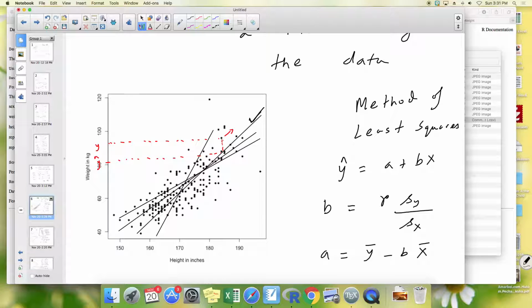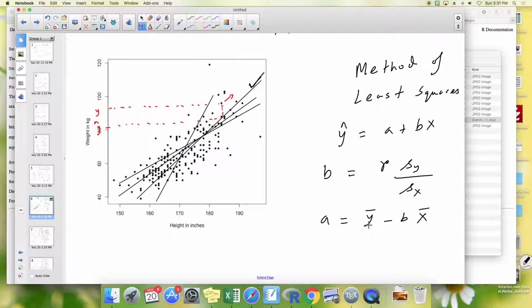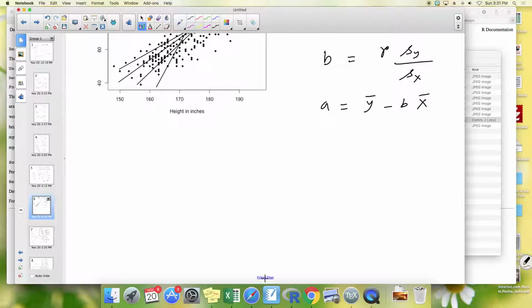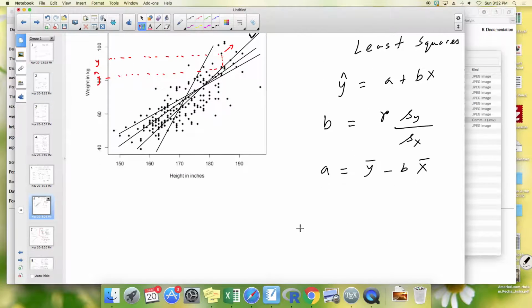So we'll come to this step by step. So what's this r? b equals r times sy by sx.